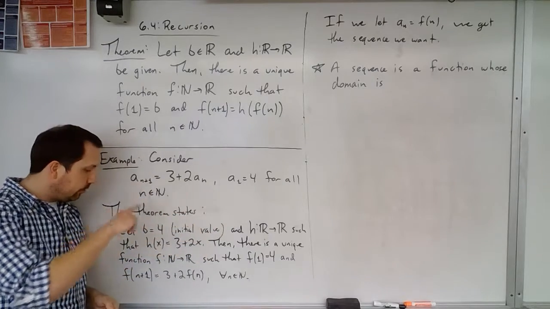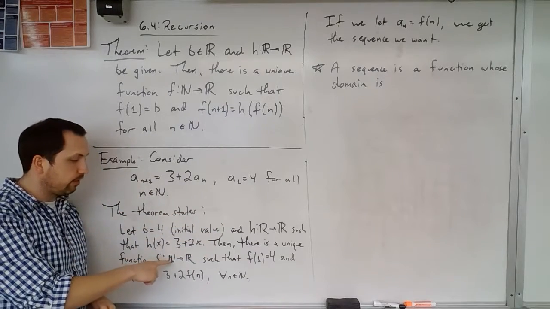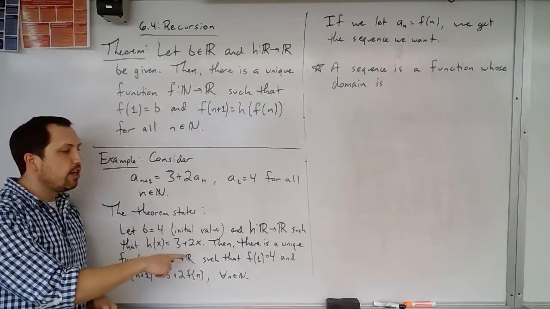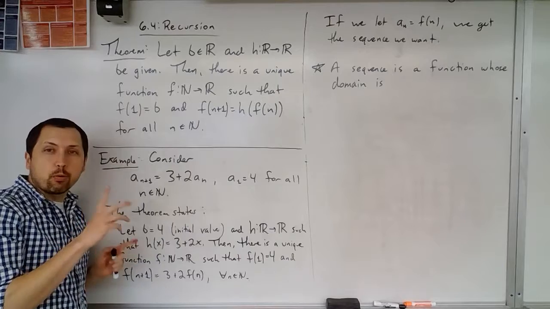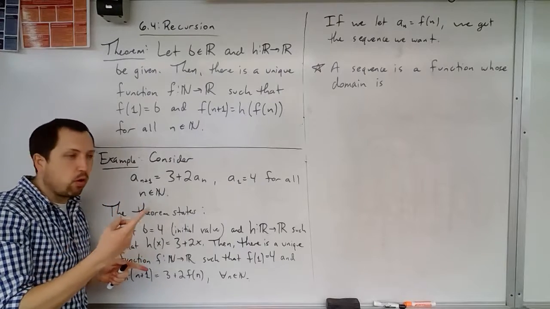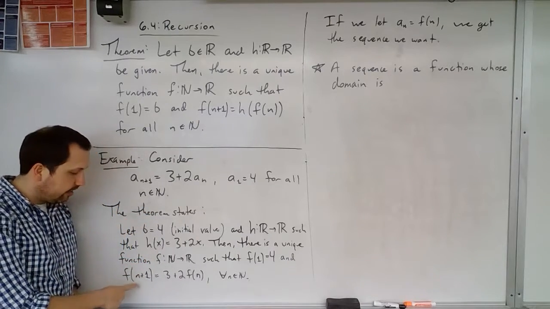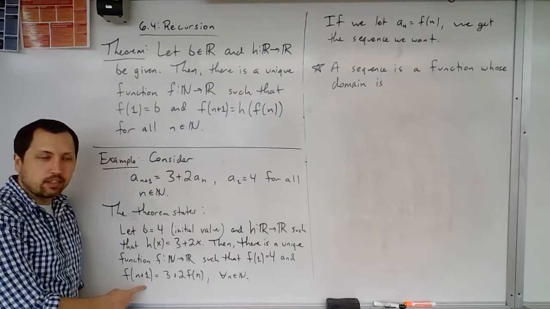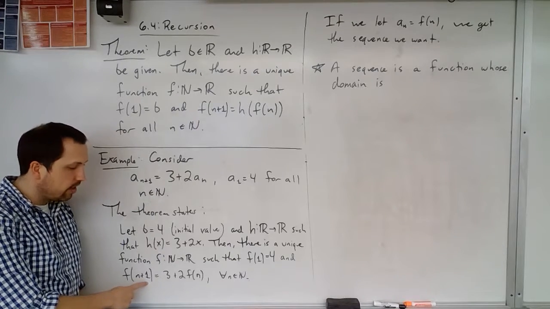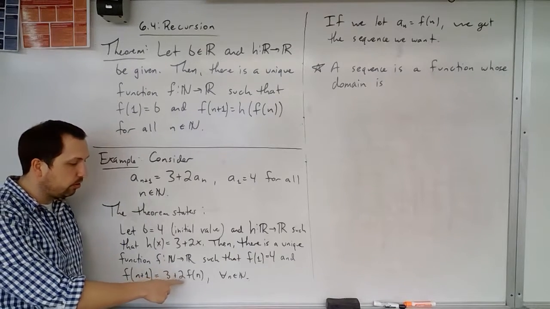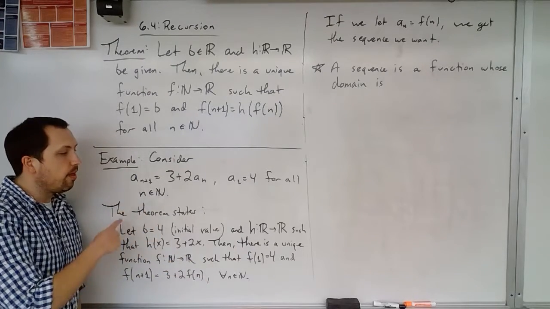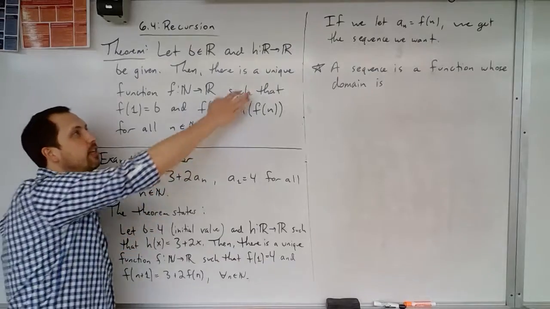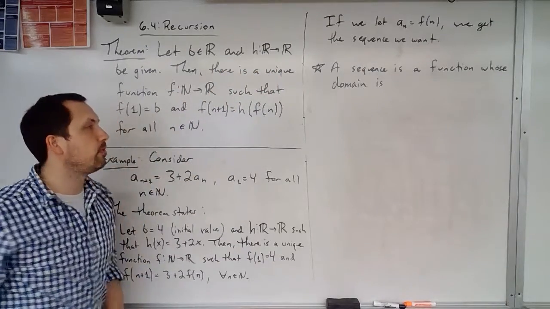Then there is a unique function that maps the natural numbers to the reals such that f(1) is 4. So we're saying the number 1 is mapped to 4. And then to find the next number, the n+1 number, you take 3 plus 2 times that number.